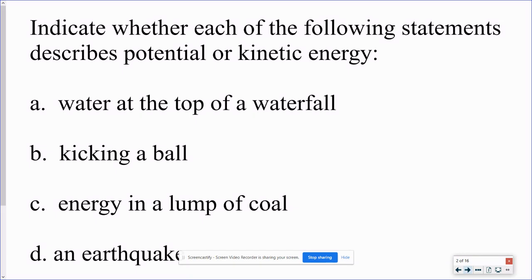And we have the classic statements about whether something is an example of potential energy or kinetic energy, like water at the top of a waterfall? Well, that would be potential, if it's just sitting there at the top. Kicking a ball, that's motion, that's kinetic.